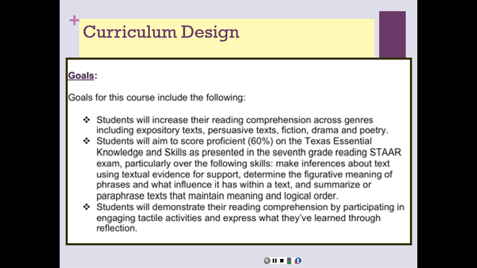Students will aim to score proficient 60% on the text's essential knowledge and skills as presented in the 7th grade Reading STAR exam, particularly over the following skills: make inferences about text using textual evidence for support, determine the figurative language of phrases and what influence it has within a text, and summarize or paraphrase texts that maintain meaning and logical order. Students will demonstrate their reading comprehension by participating in engaging tactile activities and express what they've learned through reflection.